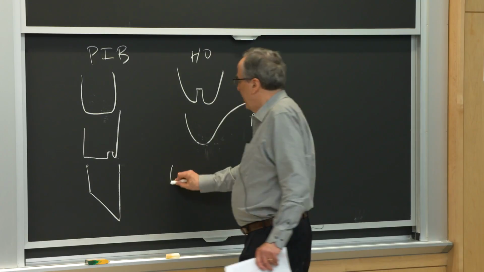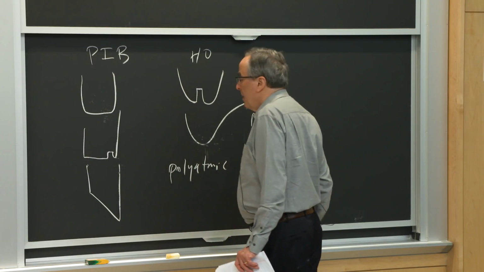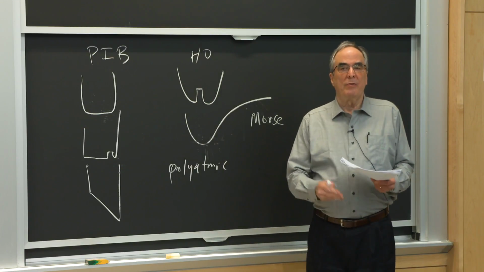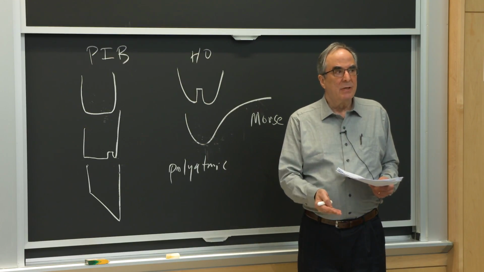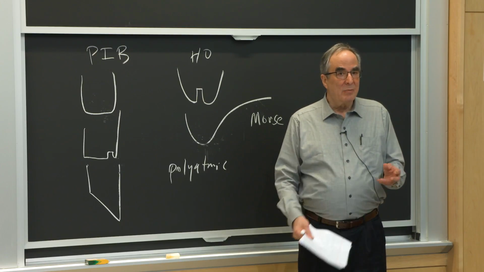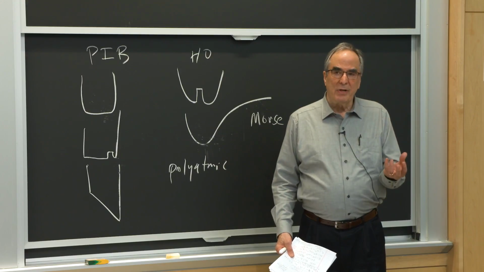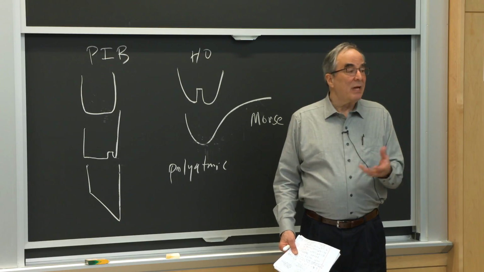Now for polyatomic molecules, if you have n atoms, there are 3n minus 6 vibrational normal modes. Well, how do I know that? N atoms, there's 3n degrees of freedom. There's 3 translations and 3 rotations. And so that leaves 3n minus 6.